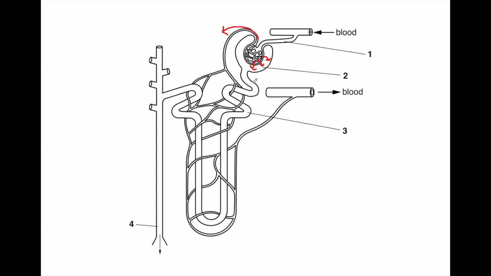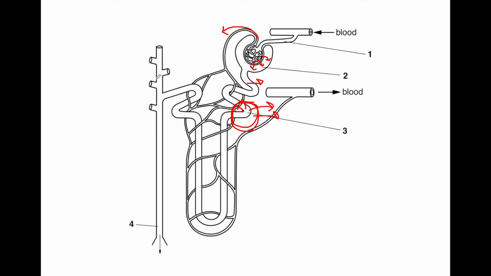Here we have glucose, urea, salts, water, the small molecules that leaked out. And we said we need to reabsorb the important molecules like glucose again. So reabsorption of glucose occurs here, mainly in this region. We will reabsorb glucose back to the blood, to the capillaries, and the other substances will complete the pathway.